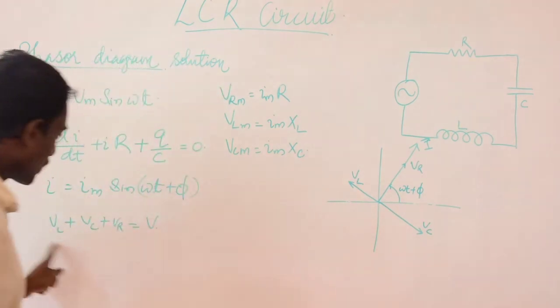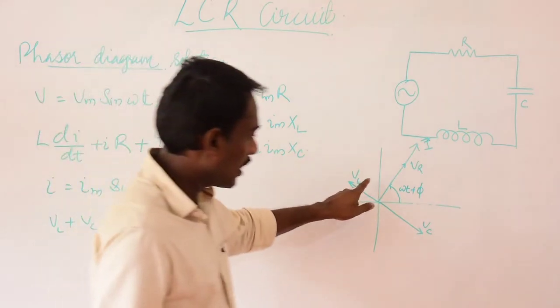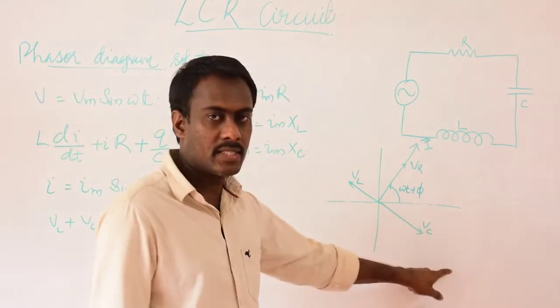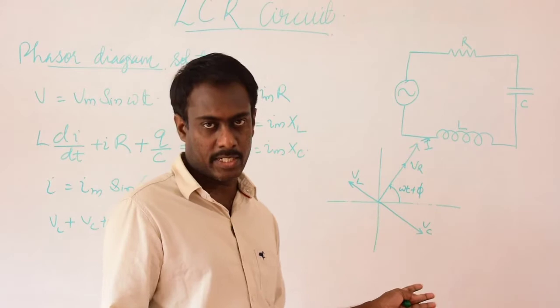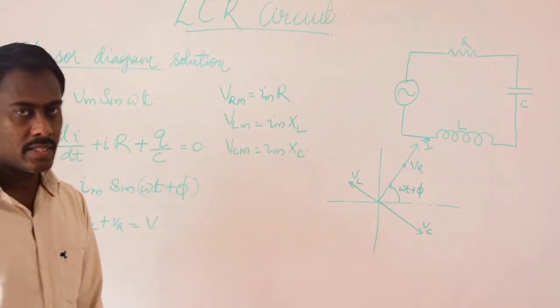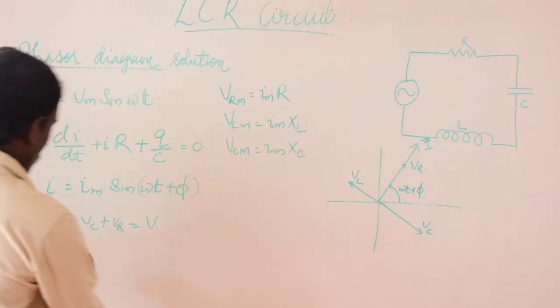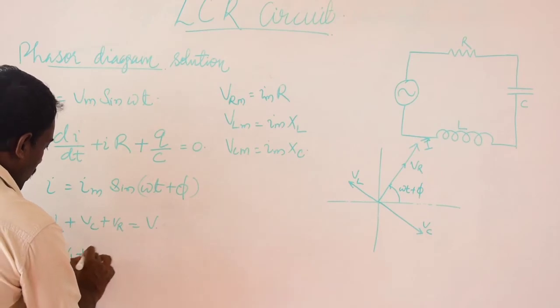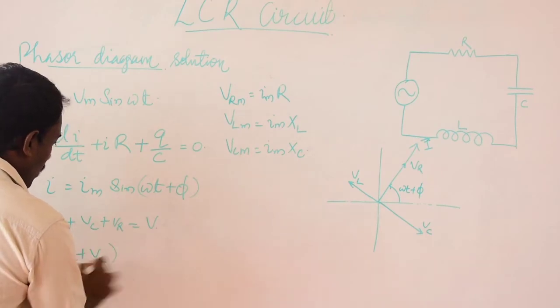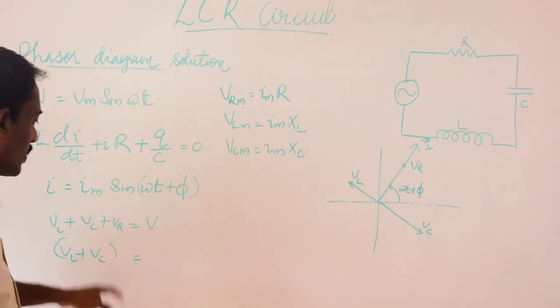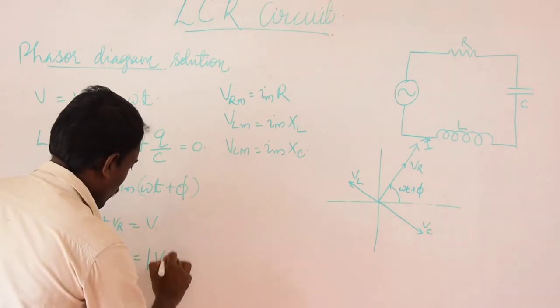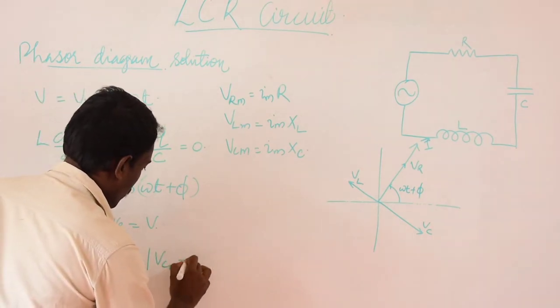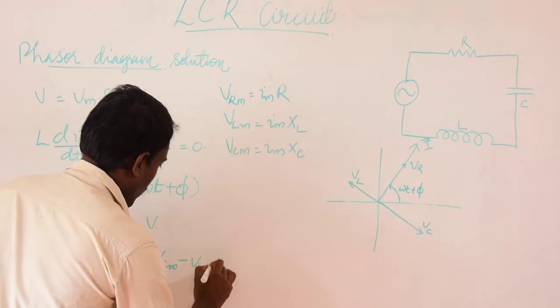VL and VC are always on the same line but opposite in direction. So they can be combined into a single phasor. The magnitude of VL plus VC can be written as the magnitude of VCM minus VLM.